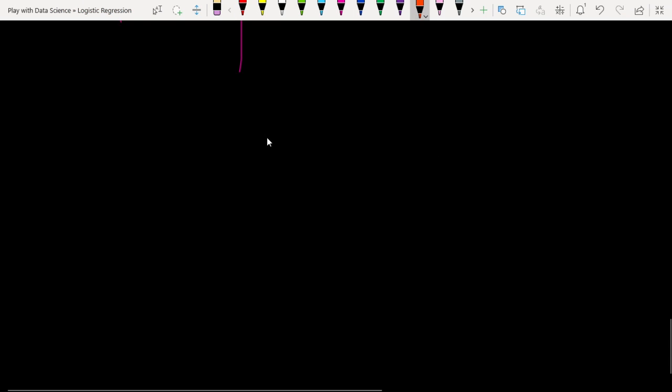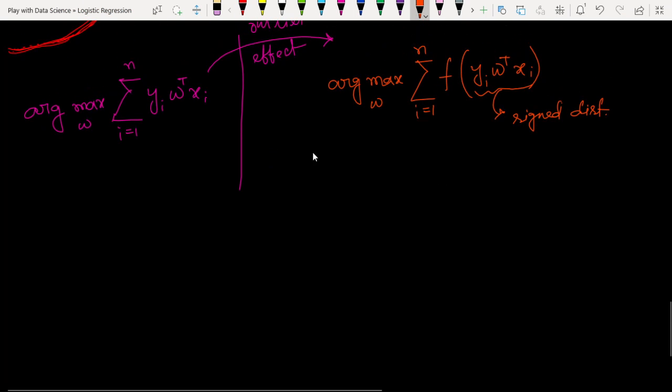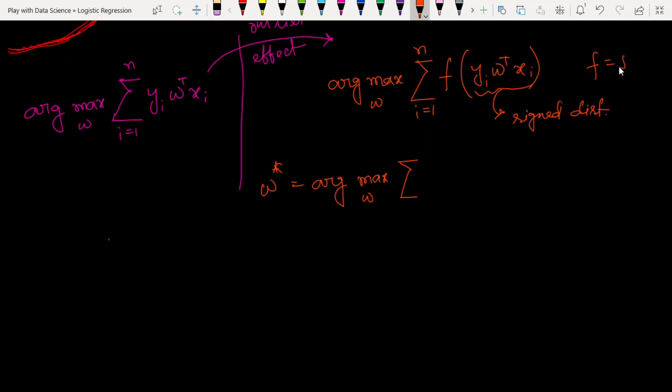So at the end of the day, what is happening? We get that our W star is equal to the arg max over W of the summation of sigma, which is what we previously discussed.